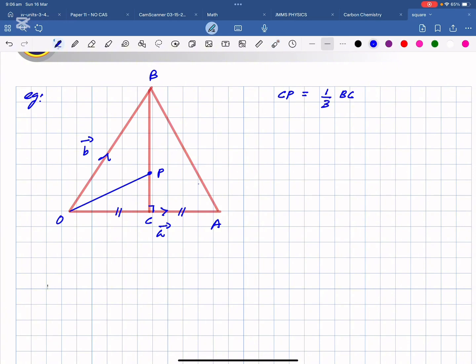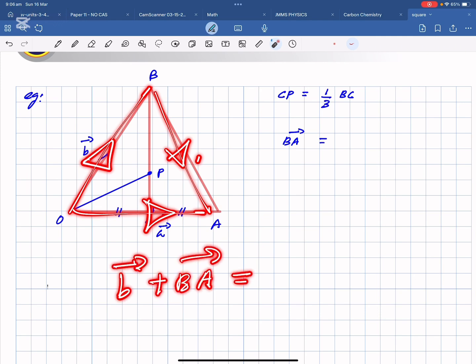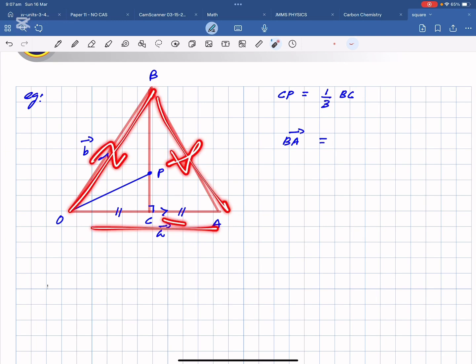Now you can see BA vector. What is BA vector? Vector addition. So BA vector is this way, right? So you understand this one plus that guy is going to be this guy, right? So you can say actually B vector plus BA vector is equal to OA vector. See? Okay, so this plus this is equal to this.